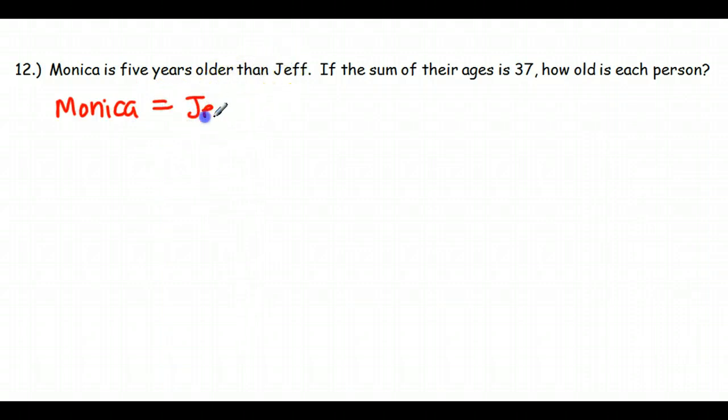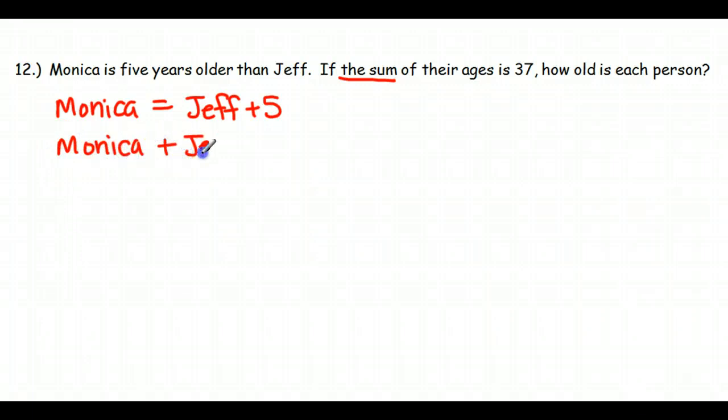So if here's Jeff's age and I'm 5 years older, we're adding 5 years. My other equation is telling me that their sum, that means we're adding their ages, is 37. So Monica's age plus Jeff's age needs to equal 37 years.